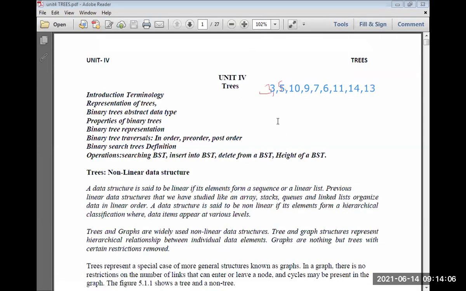Okay, this is my given data here. When the elements are given, you want to construct a binary tree. Just see students, these are the elements, construct a binary tree. How do we construct a binary tree?